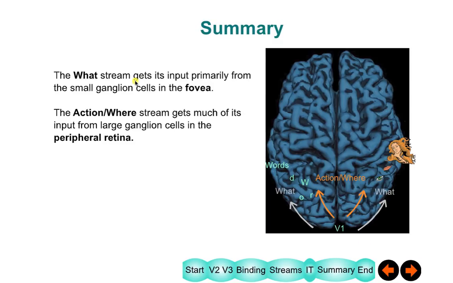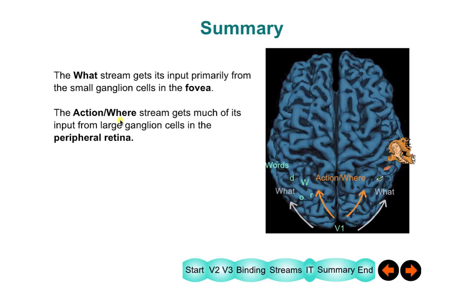The what stream is different because its information comes primarily from these small cells in the fovea. Remember the visual grasp reflex. You see something off on the edge, and then you point your fovea to it, and then you can tell what that thing in your periphery is.